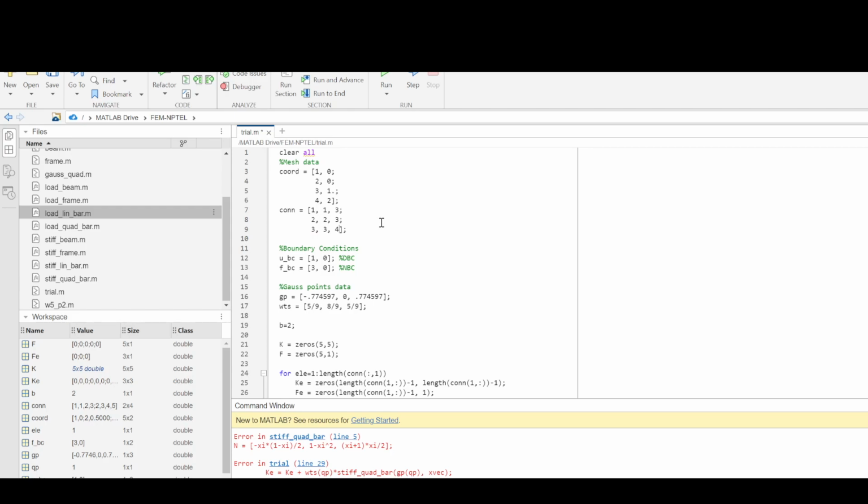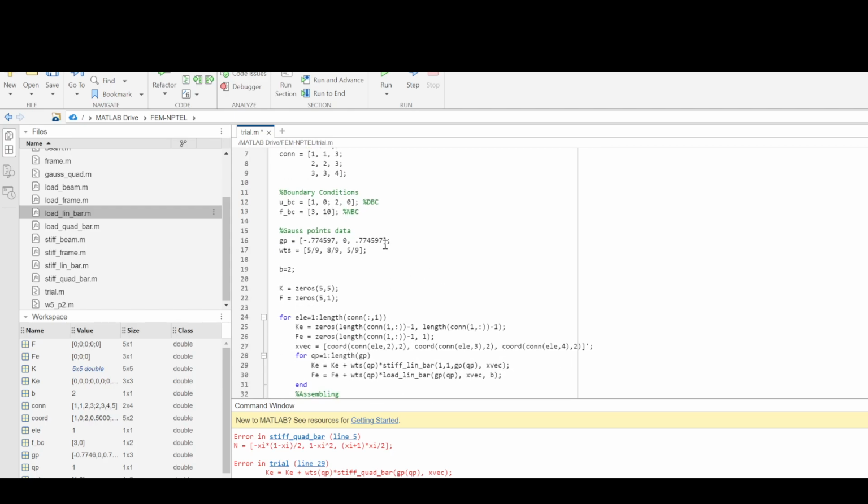We have a Dirichlet boundary condition, u equals 0 at x equals 0, so that is the first node and second node. And then we have a Neumann boundary condition for node 3, so at node 3 we add b equals 10.